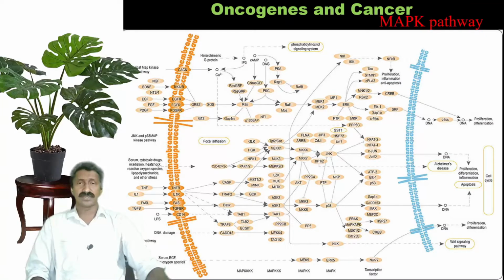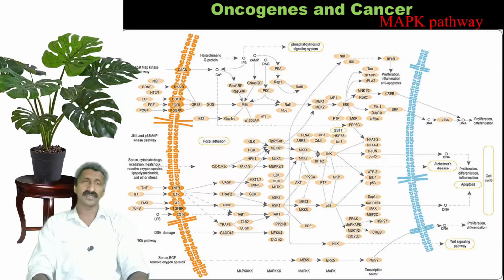So this is another illustration which also works in the same way, and this is about the MAP kinase, and you can see the array of different factors that are involved or interacting with each other in regulating this gene expression.